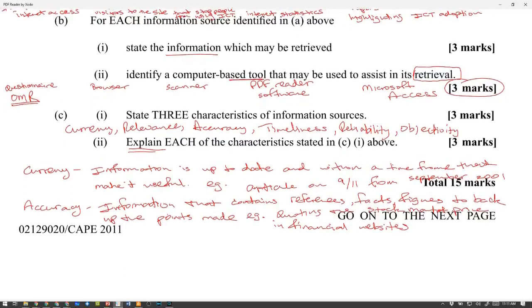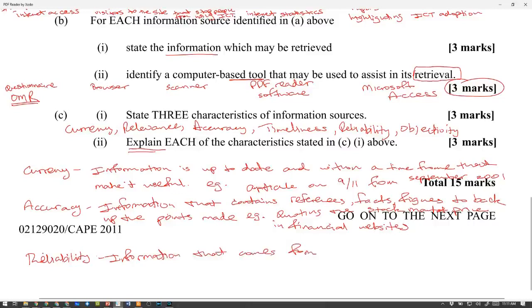So that would be a good example. And then let's try reliability: information that comes from a known, reputable source.